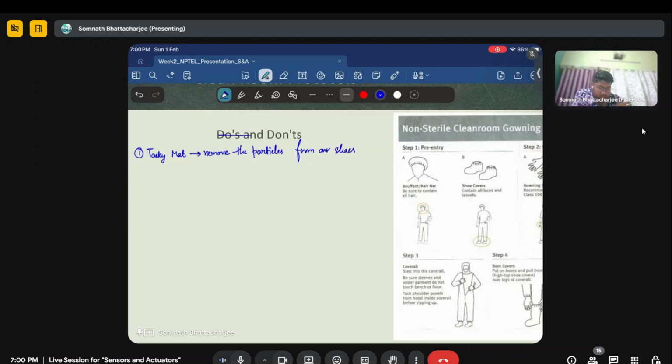First we try to remove all the particles attached to our shoes. Then after that we remove the shoes themselves. There are shoe racks, so we need to arrange the shoes there.